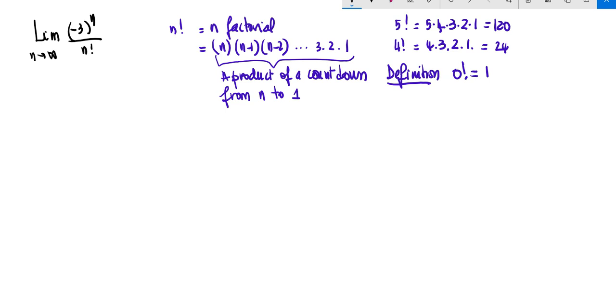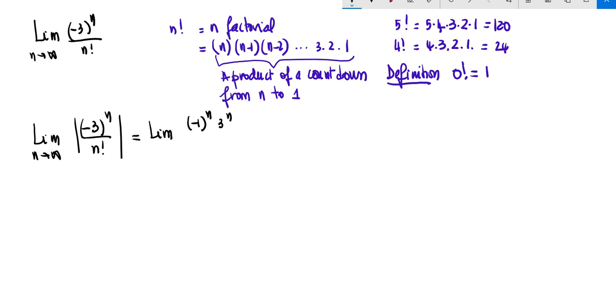All right, so for this purpose, let's look at the limit as n is approaching infinity of the absolute value of (-3)^n over n factorial. And of course, this will be the limit of the absolute value of (-1)^n times 3^n over the absolute value of n factorial as n is approaching infinity.